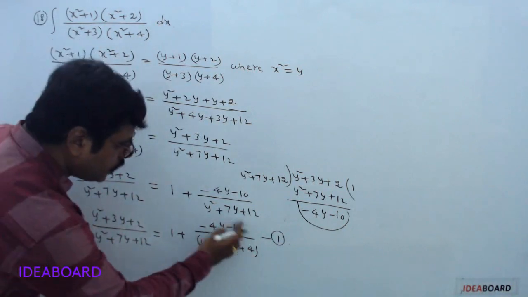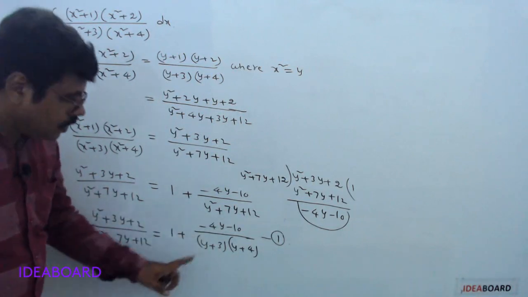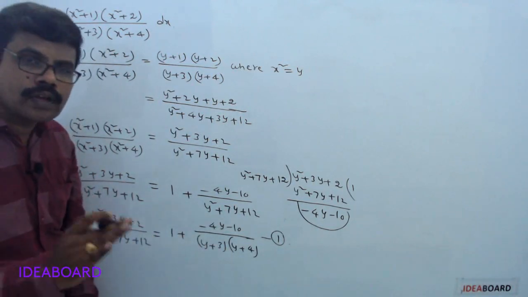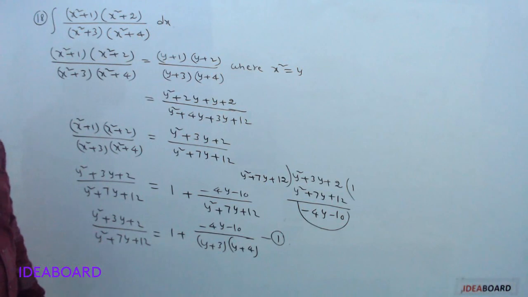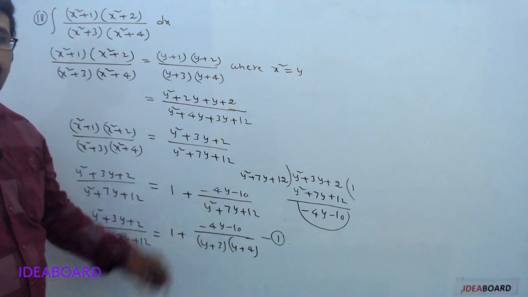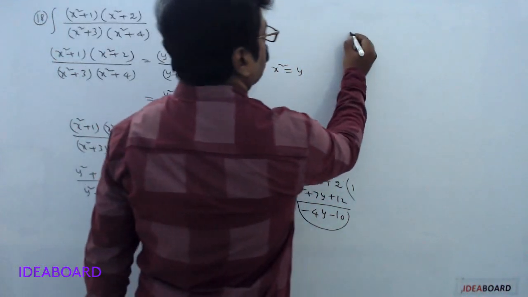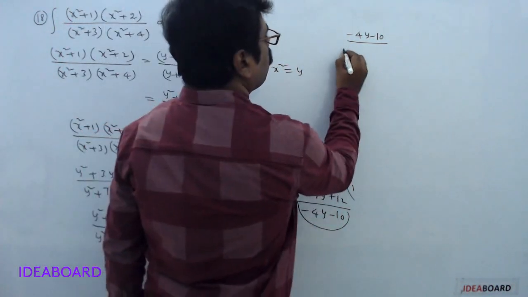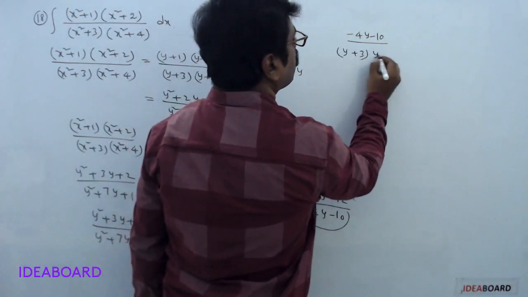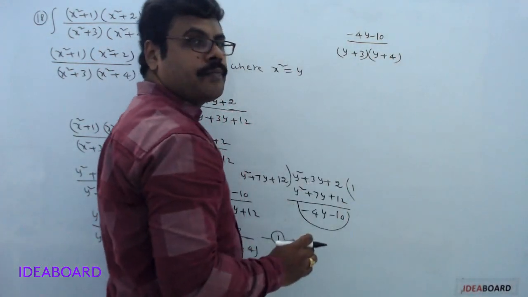Now here observe that it is a proper fraction because degree of numerator is 1, degree of denominator is 2. Clearly degree of numerator is less than degree of denominator. So it is a proper fraction. Now take this proper fraction separately and resolve it into partial fractions. This is (minus 4y minus 10) divided by (y plus 3) into (y plus 4). Now, how to resolve this fraction into partial fractions?